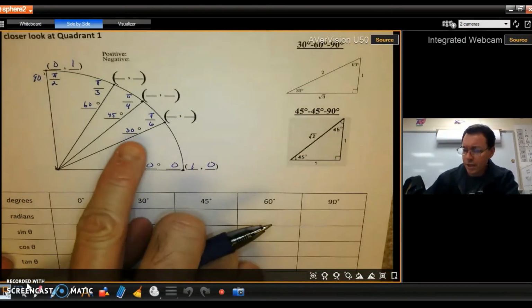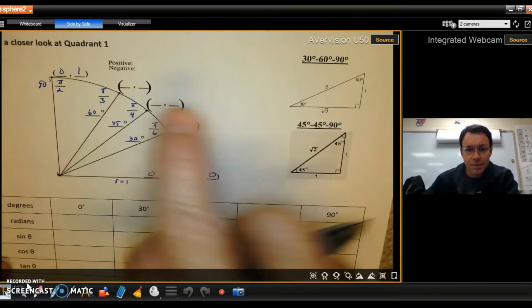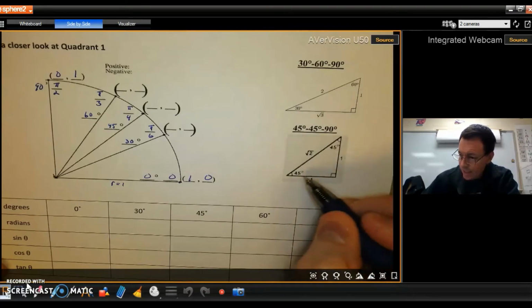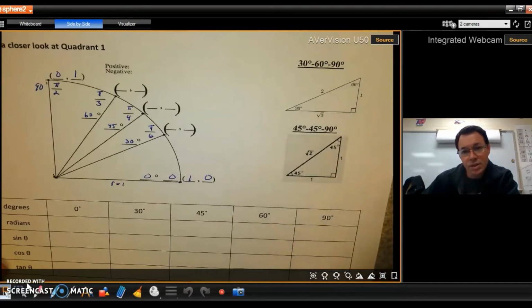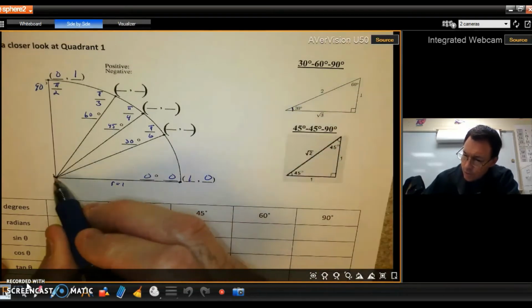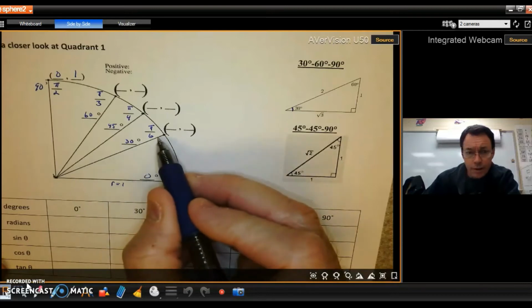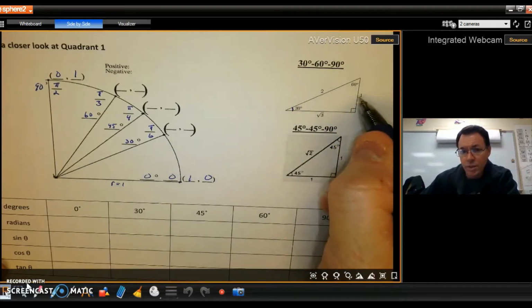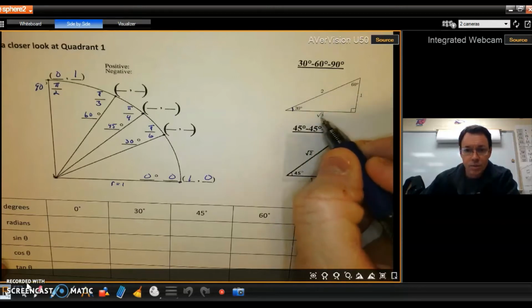So we've got a 30, a 45, and a 60. So let's use our good old 30, 60, 90, and 45, 45, 90 triangles to see if we can make sense of what's going on. So first off, let's look at 30 first. Remember, this radius is 1. When we look at a 30, 60, 90, we're usually given the ratio of 1 to 2 to radical 3.